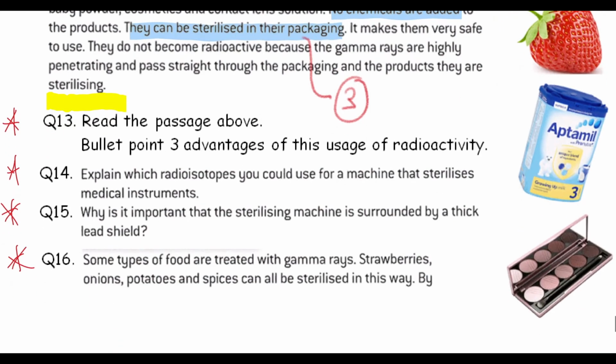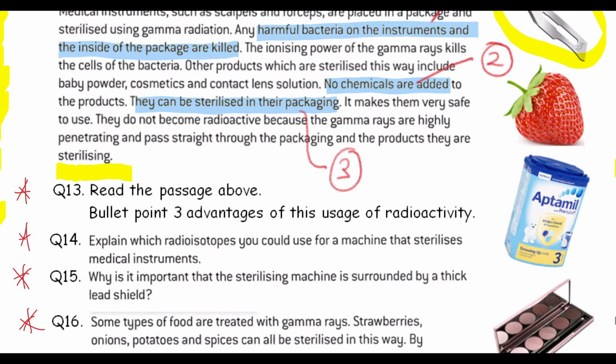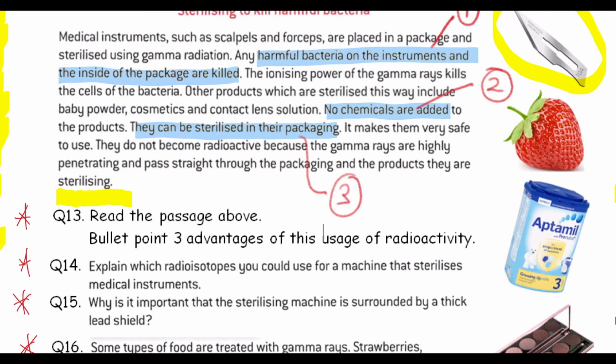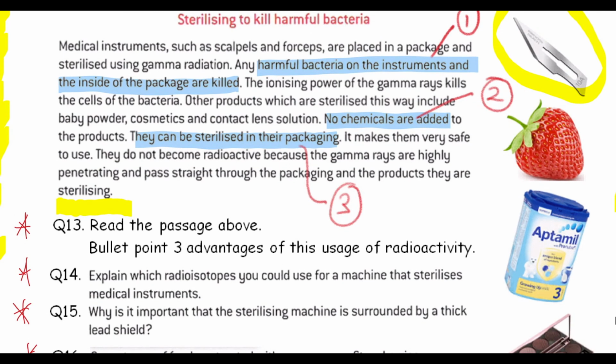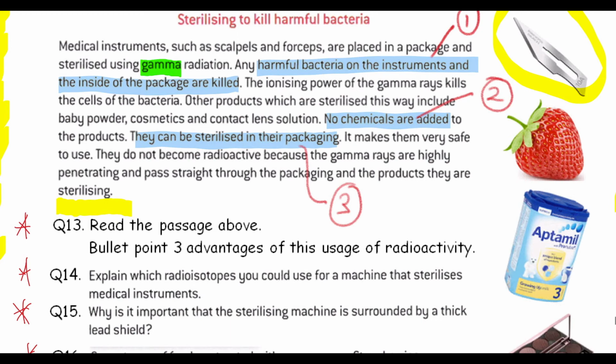Question 14, explain which radioisotopes you could use for a machine that sterilizes medical instruments. So again, ask yourself, what are the properties? Well, it needs to be gamma. It says so above because alpha or beta just wouldn't be penetrating enough.